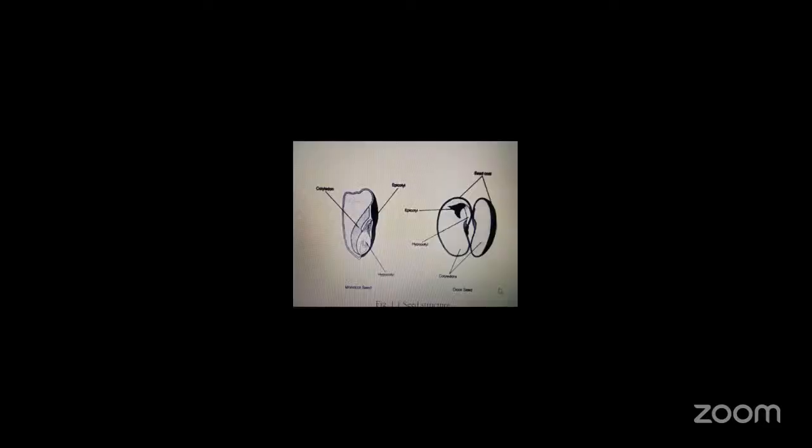So next one is the sorghum. Sorghum seed. This one is the pericarp, which consists of an epicarp, mesocarp, and endocarp.